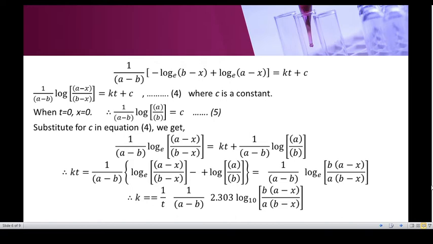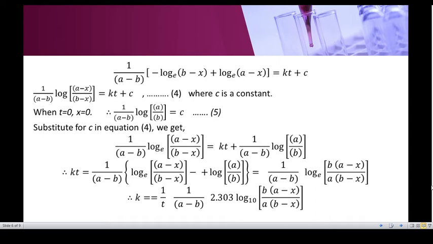Again, if you rearrange this equation, you will get kt equal to 1 by (a minus b) into [log (a minus x) divided by (b minus x) minus log a by b]. Therefore this becomes 1 by (a minus b) into log of b into (a minus x) divided by a into (b minus x).